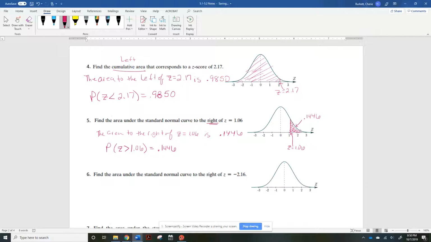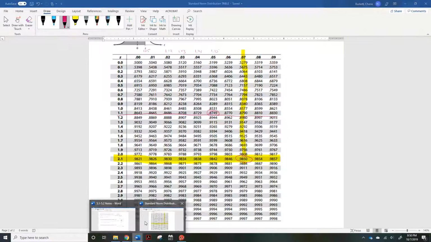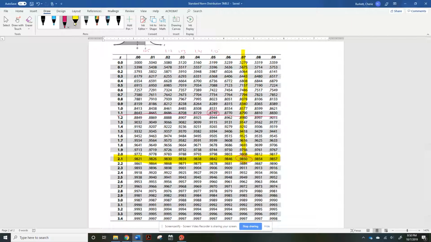Yes, you can. But you have to remember that the z-table only gives you areas to the left. So if you go look up z equals 1.06 on your table, you are not going to get this number. You're going to get 1.06. So let me do this and I'll change the color. 1.0, all of those are 1.0, and then 1.06.